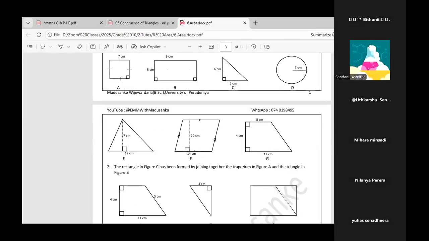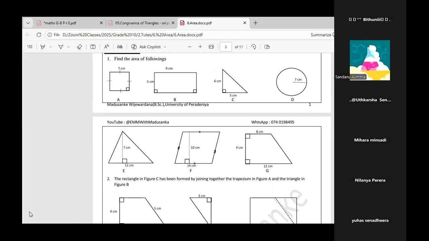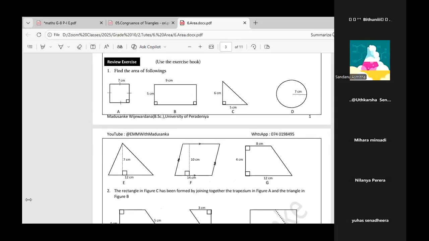Under review exercise, first of all, do part D. This one, and then do this one and this one, and send me the answers. And I want to see who finishes first.